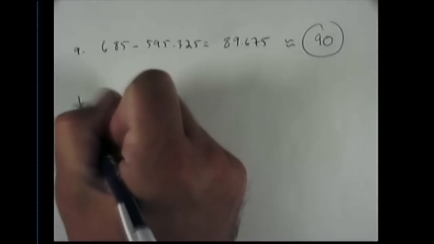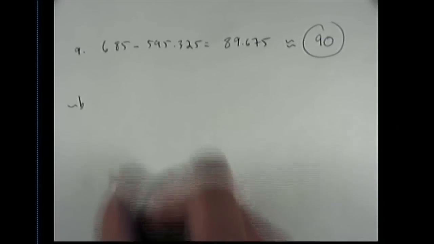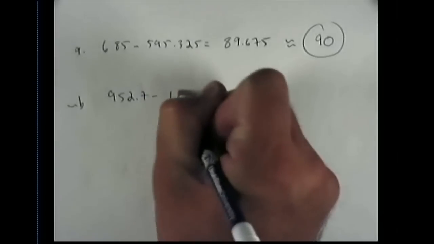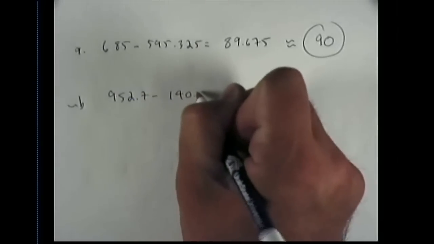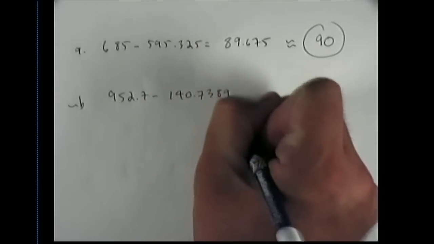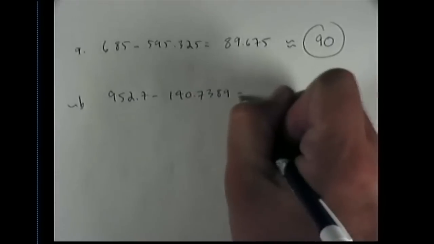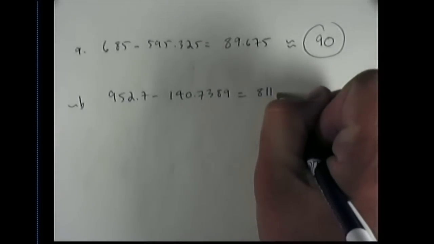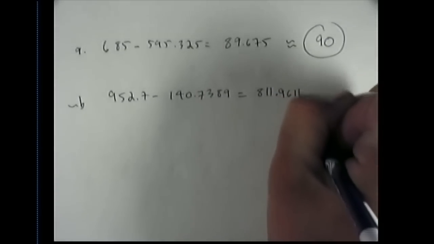In a later example that I gave, we see the number 952.7 minus 140.7389. When I punched that into my calculator, the number that I ended up getting was 811.9611.